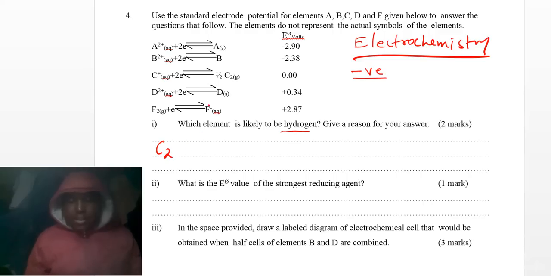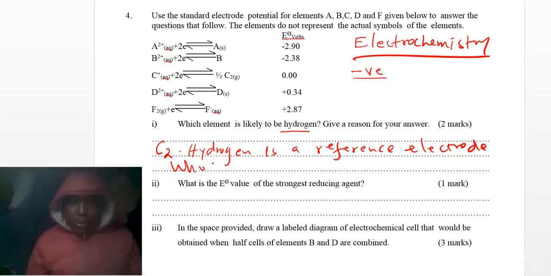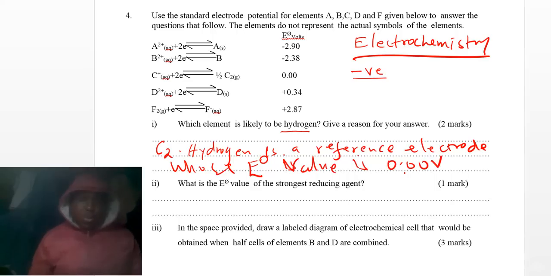The reason is that hydrogen is a reference electrode whose E standard value is 0.00 volts. So whenever you see the one which is 0.00 volts, it tells you that one is hydrogen and it is the standard electrode potential.